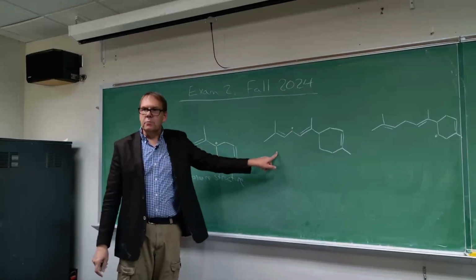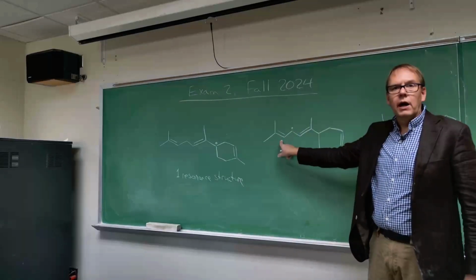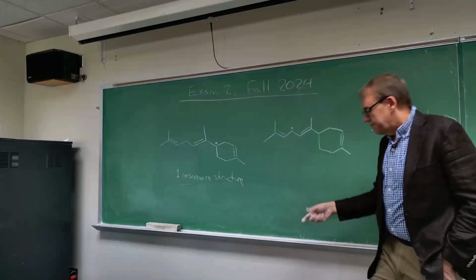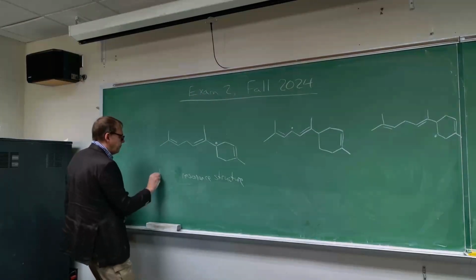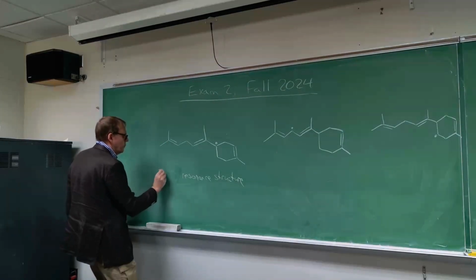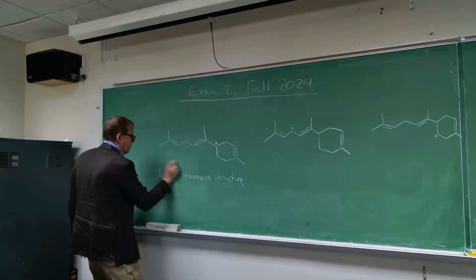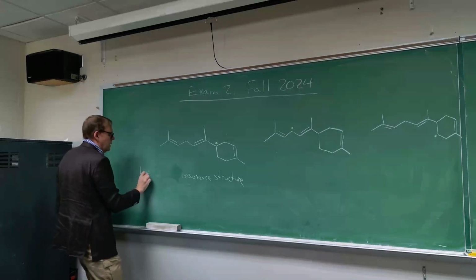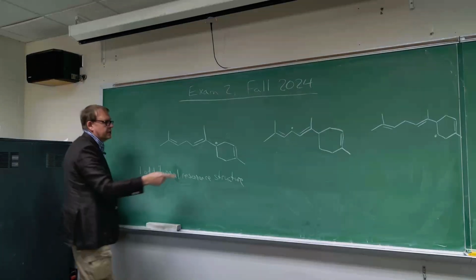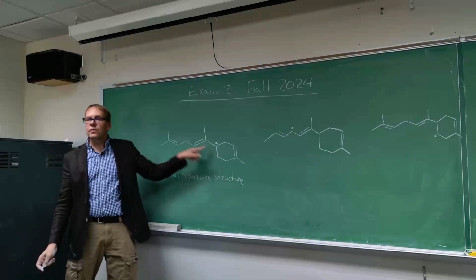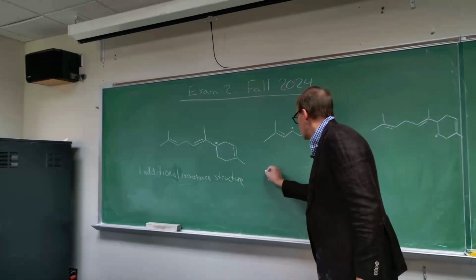But this one is better because this one has two resonance structures. It's next to not just one double bond, but two double bonds. So in addition to this resonance structure, there's one more. Here, in addition to this, there are two other resonance structures.